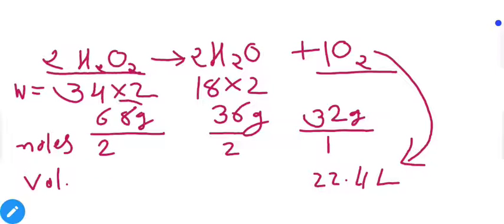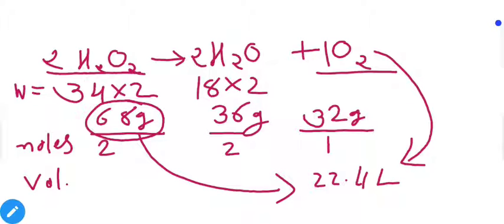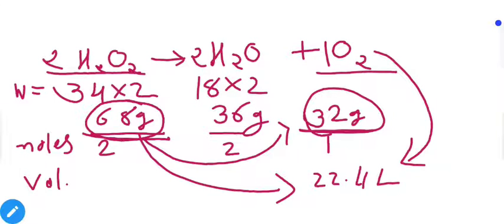So simply, if you have 68 grams of hydrogen peroxide, it is able to produce 22.4 liters of oxygen or 32 grams of oxygen. Now with this relation we can calculate the volume or percentage of hydrogen peroxide solution. Just keep in mind this relationship: 68 grams of H2O2 is equal to 32 grams of oxygen or 22.4 liters of oxygen, and vice versa.